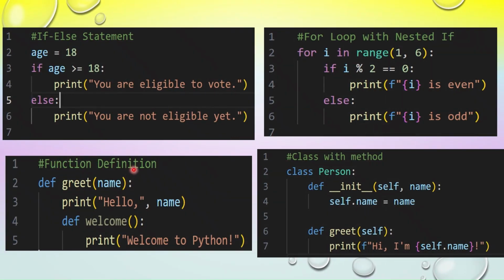Similarly, for function definition, I have defined one function using the def keyword before the name of the function, passing one argument to this function. Inside this function definition, I have given one print statement followed by indentation so that it clearly defines that this print statement belongs to this function.